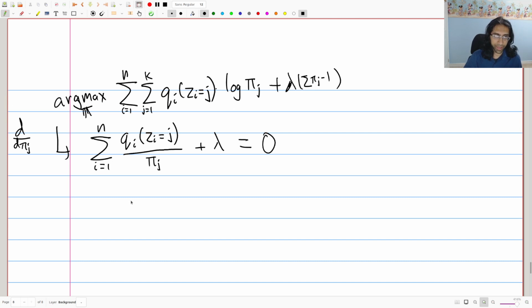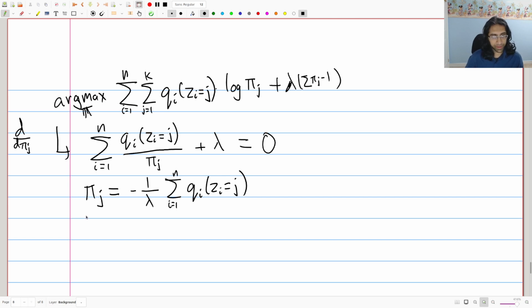Now, just rearranging this to solve for what pi should be, this gives us that pi j is equal to minus 1 over lambda times the summation from i equals 1 through n of qi of zi equals j.